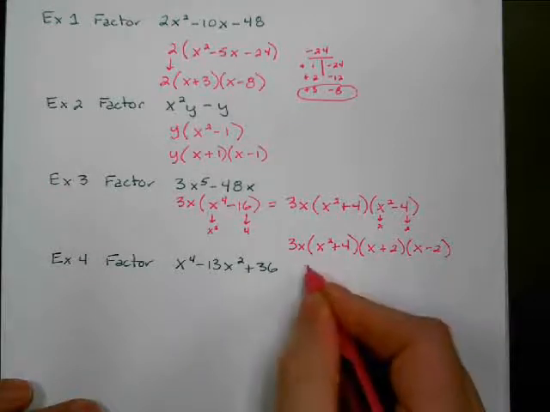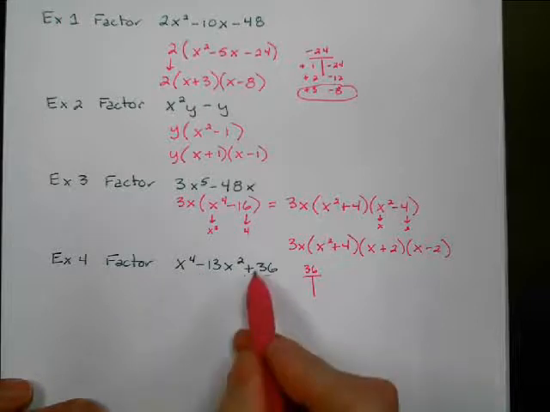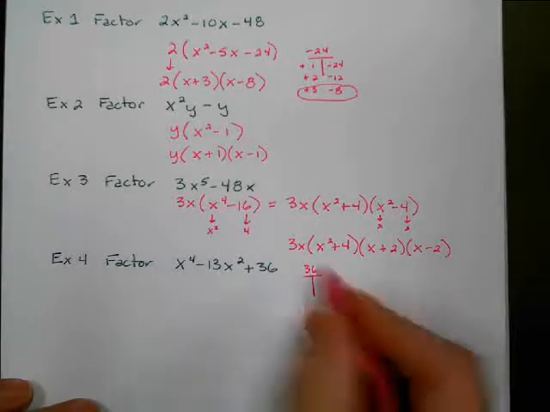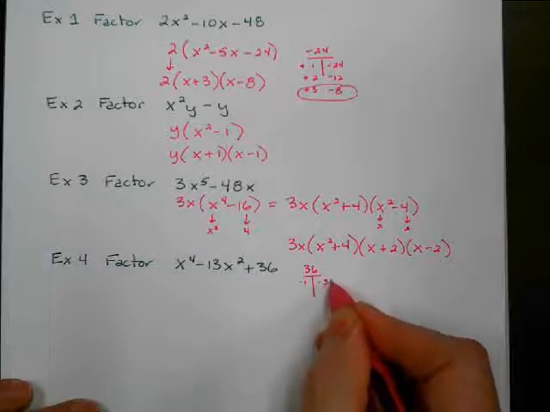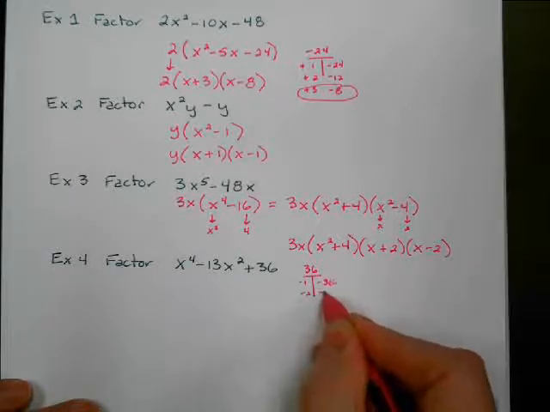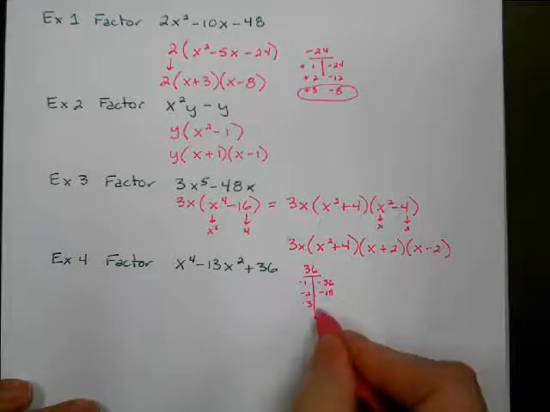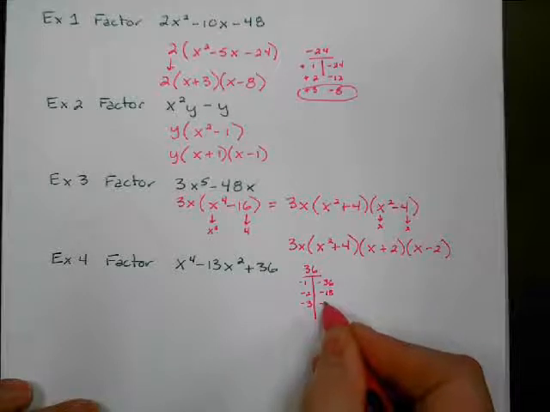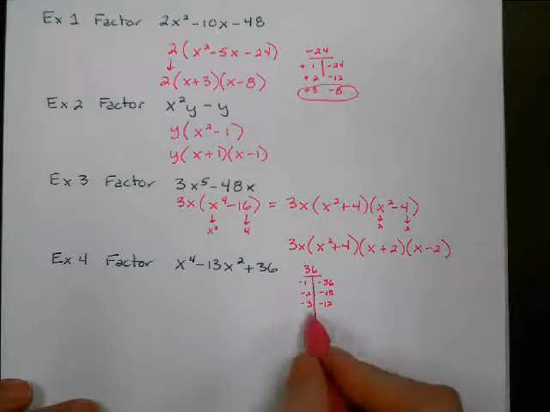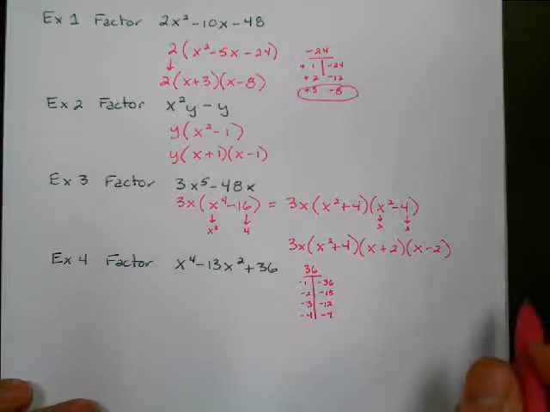Okay, so both of these numbers have to be negative because this is positive, this is negative. So -1, -36, -2, -18, -3, and where am I at? -12. -4 and -9. -6 and -6.